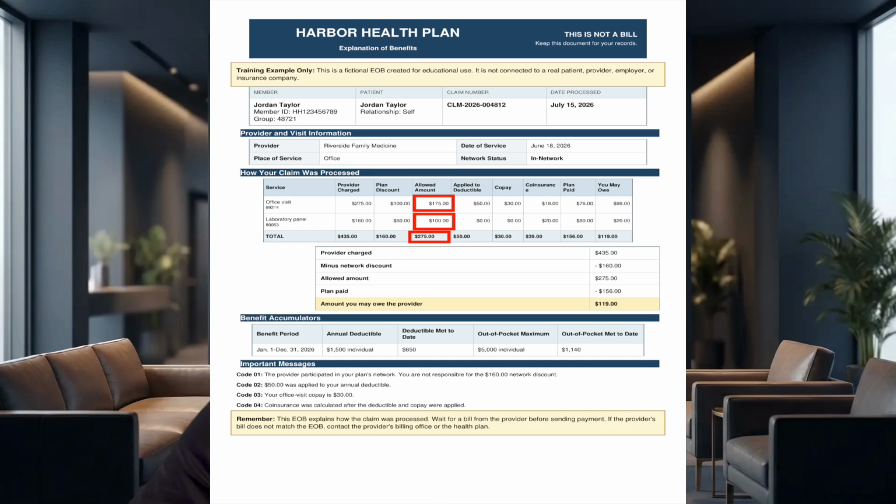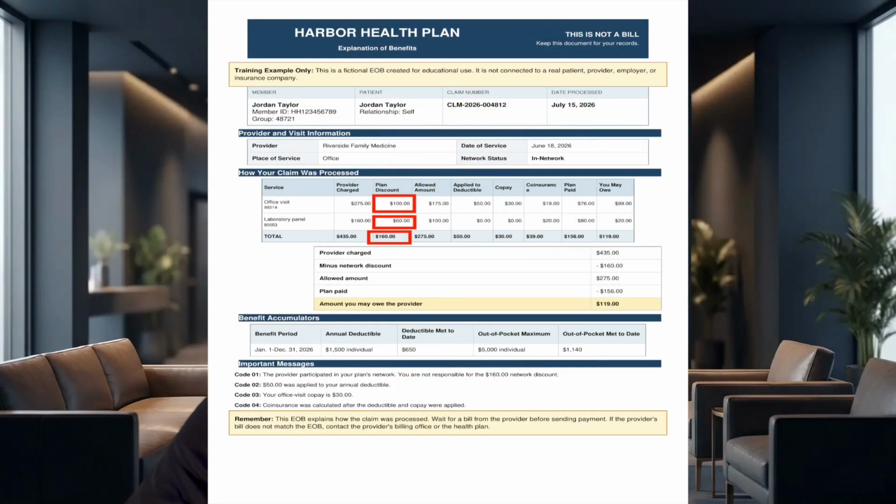Together, the provider billed $435, but the insurance company recognized only $275 as the contracted amount. Why? Because this provider is in network, and we all know what in network is based upon our previous videos. When providers join an insurance network, they agree to accept negotiated payment rates. Those negotiated rates are called allowed amounts.